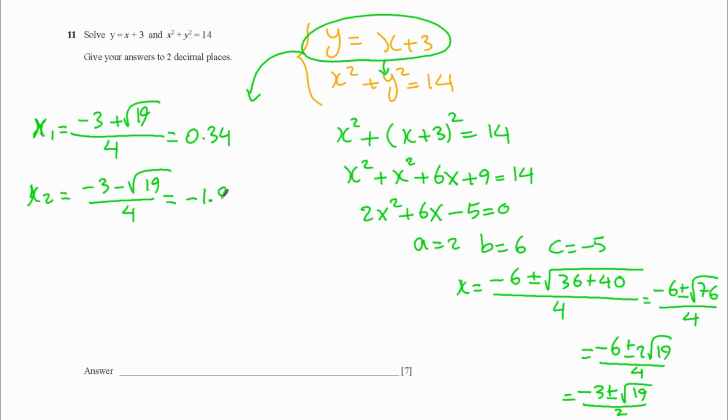So for y, the only thing that we need to do is just add 3 based on this equation.